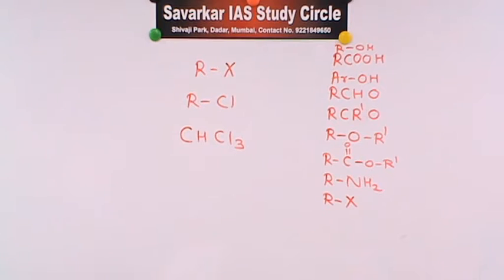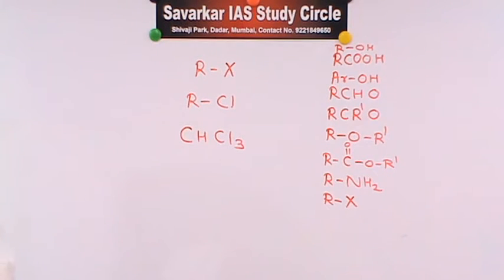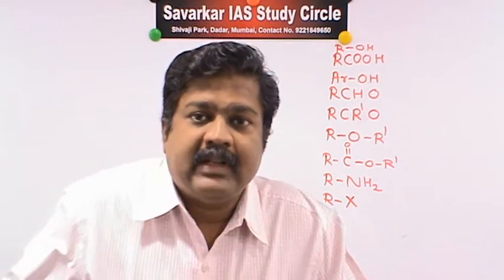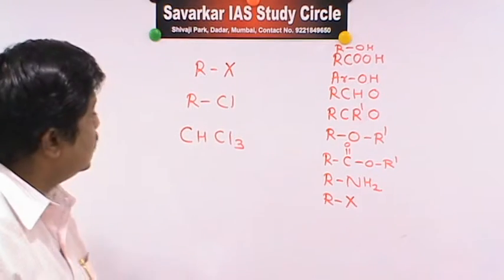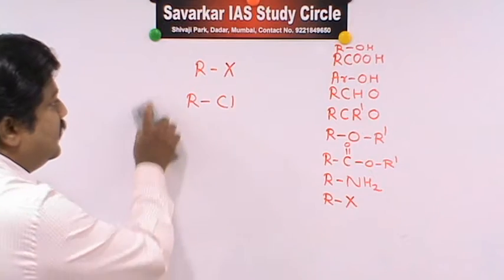The patient would become unconscious by use of this. But now it is not used for that purpose. But in various chemical tests, you must have used chloroform, like the chloroform layer test. So these types of compounds are there. We call them RX, that is, halides.